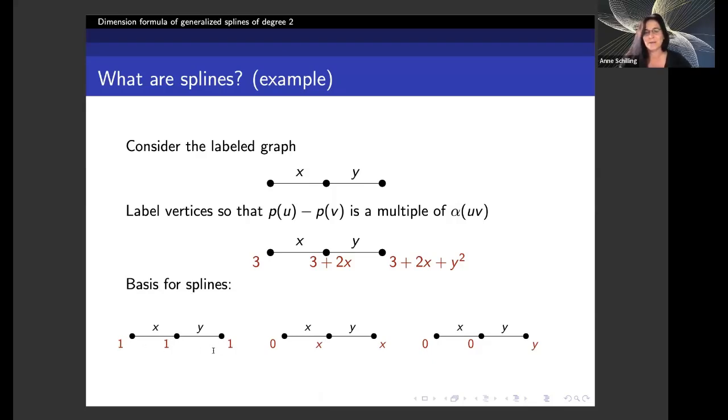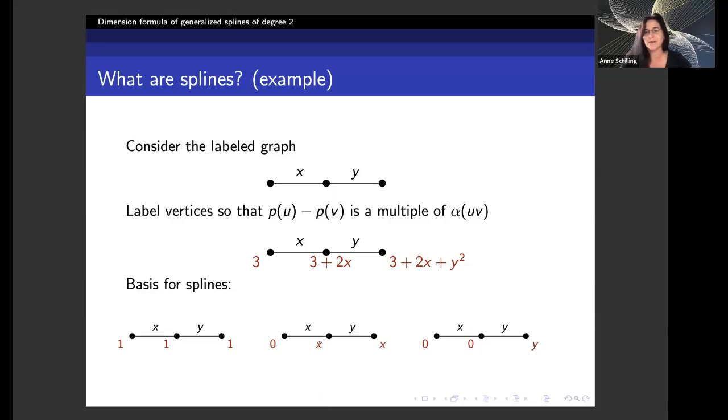Right? That would be the constant spline. And then since you can always get something on this first vertex, for the other basis elements I can pick 0 there. And remember, the difference between this element and that element has to be a multiple of x.